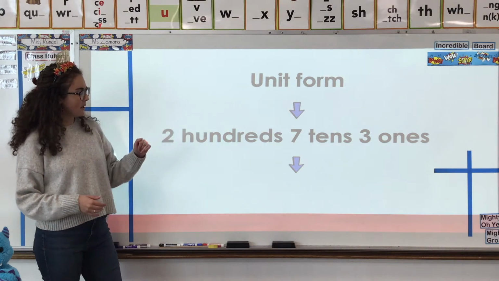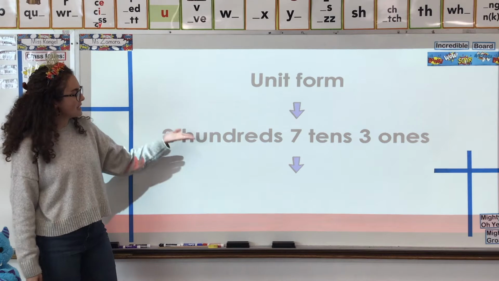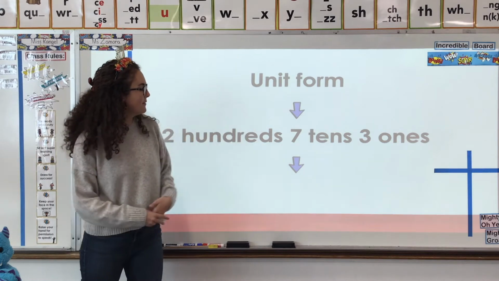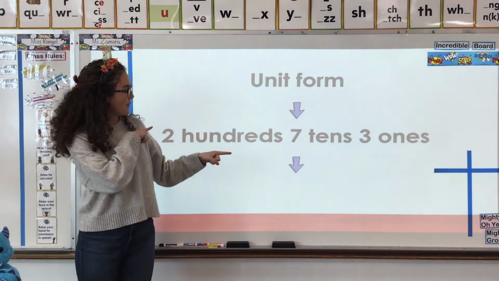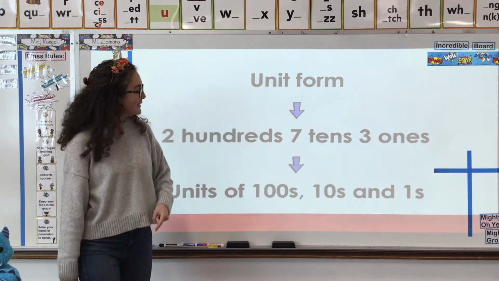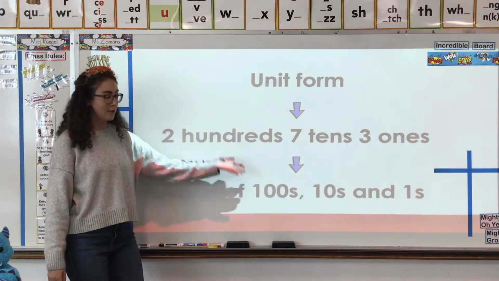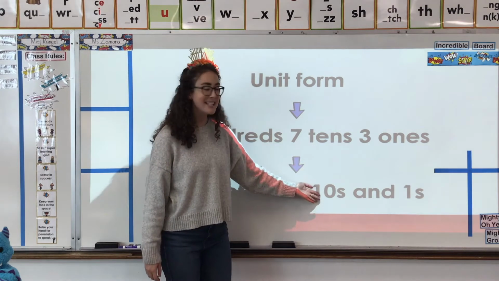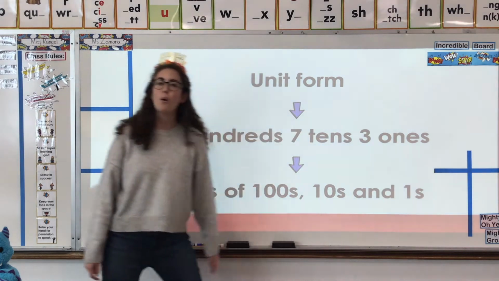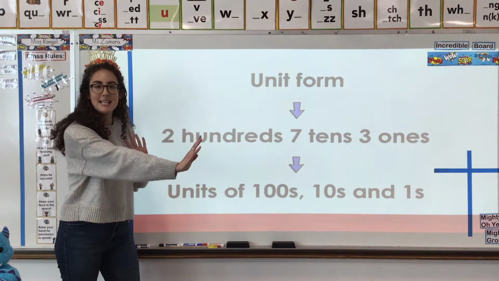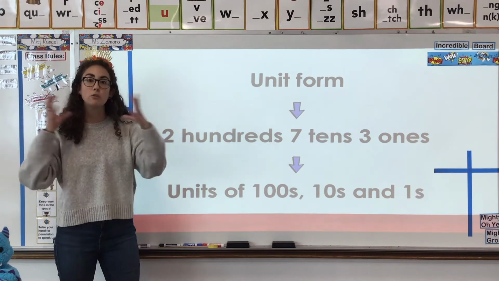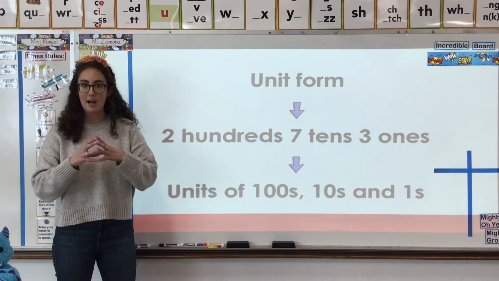We see this number. How many units of 100, of tens, and of ones? So in unit form, we can see just how many groups of each place there are.